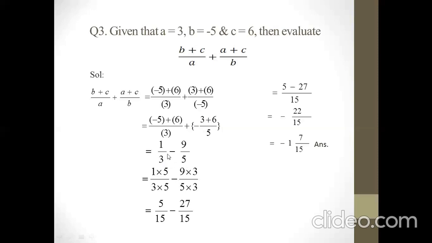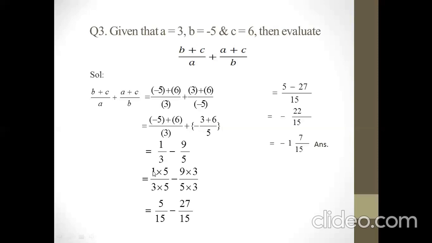It means to make the denominators of the fractions like terms, we have to multiply this fraction with 5 to make the denominator 15, and here we will multiply with 3 to make it 15, right? Now we will do the same procedure in the numerator as well.